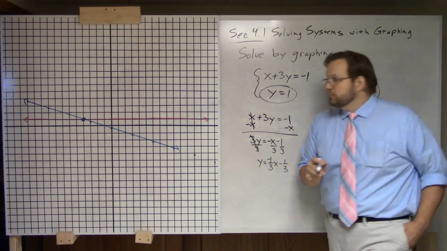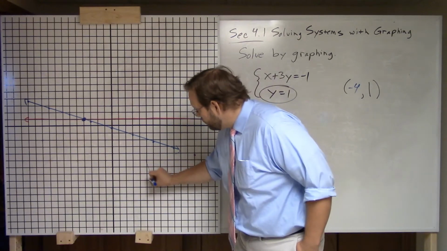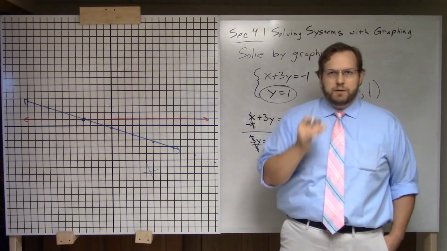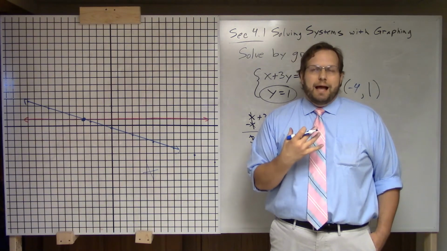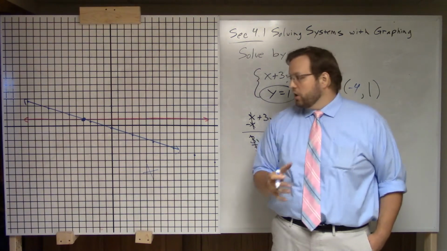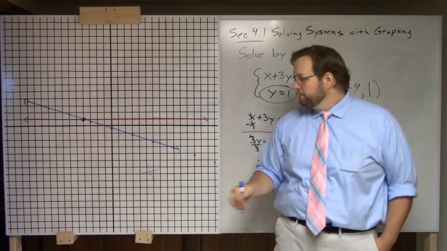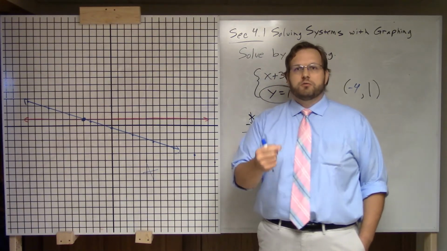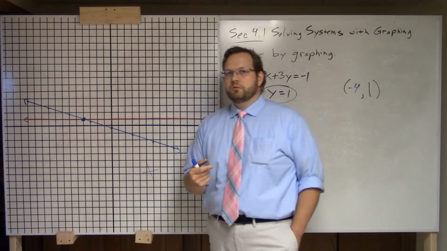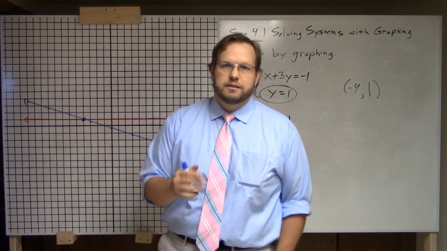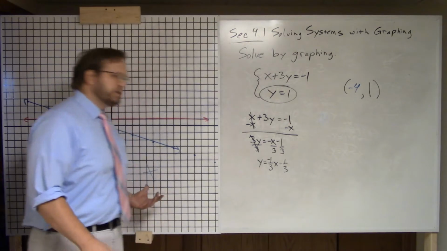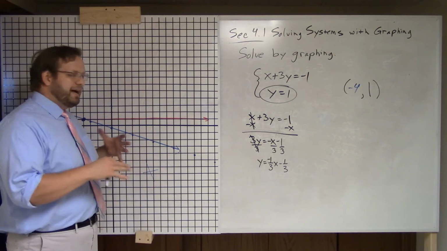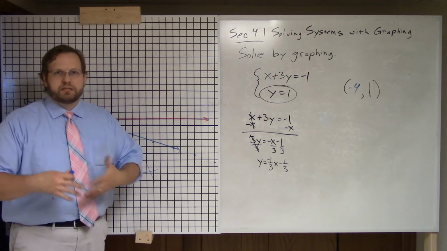Is it possible for you to cross somewhere like this, where you have some fractional answer? Absolutely, that's possible. However, I'm not going to give you something like that. There are other methods to use when you get answers like this, and I'm going to show you that in the later sections. So when you're graphing, the examples I'm going to show you are typically going to work out nicely, simply because what's the point of approximating when we're doing this? Sometimes that happens, but I'm not going to be quizzing you, testing you on something like that.